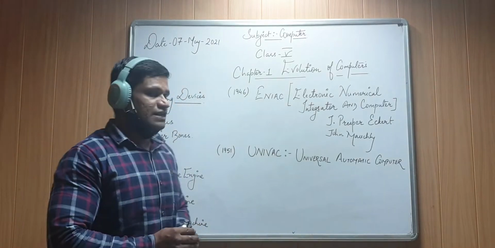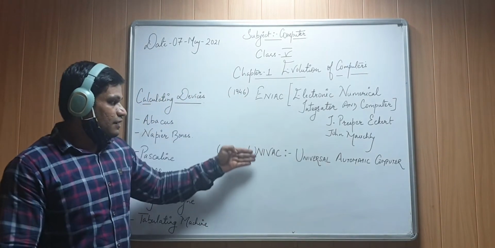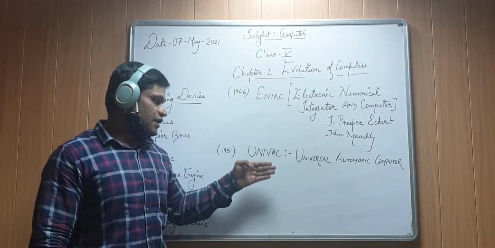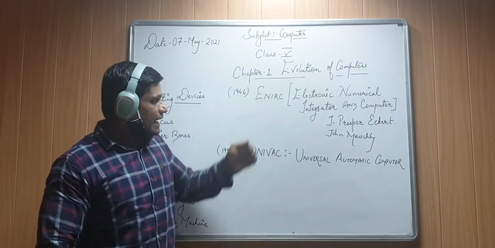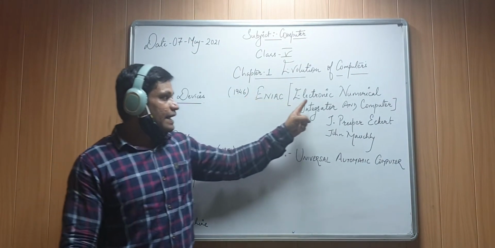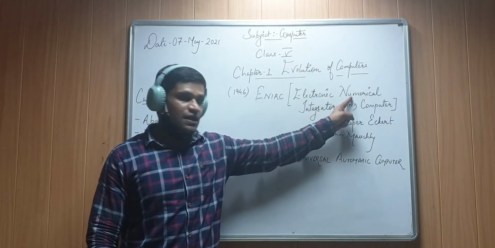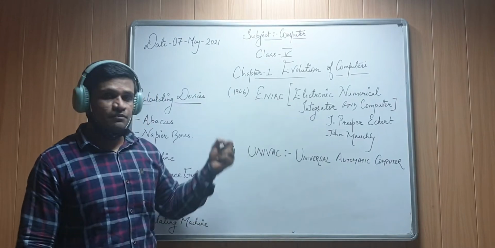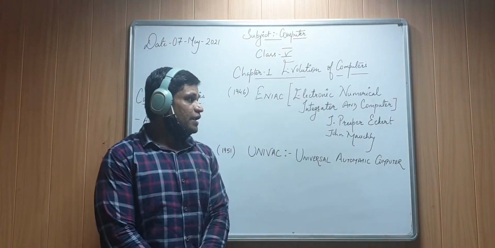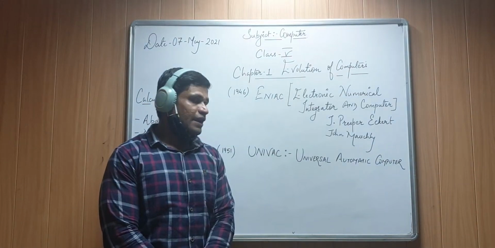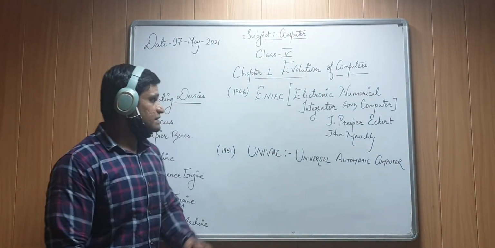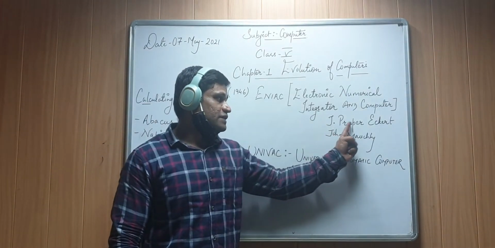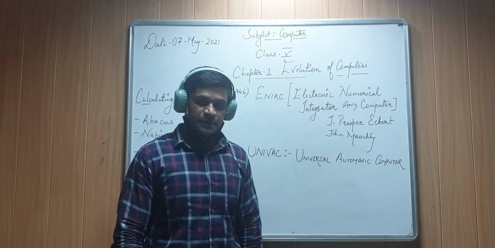Now, in today's session, we would discuss two more computing devices, ENIAC and UNIVAC. ENIAC stands for Electronic Numerical Integrator and Computer. It was developed in 1946 by J. Presper Eckert and John Mauchly.